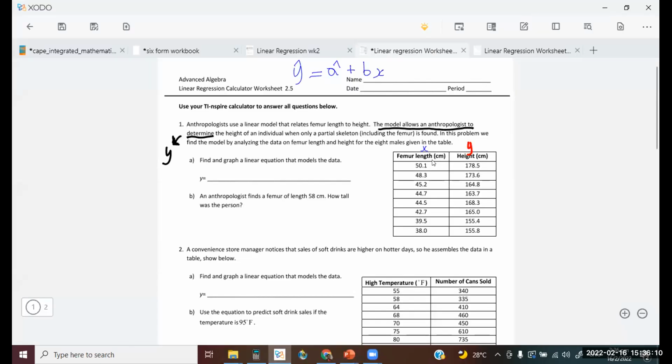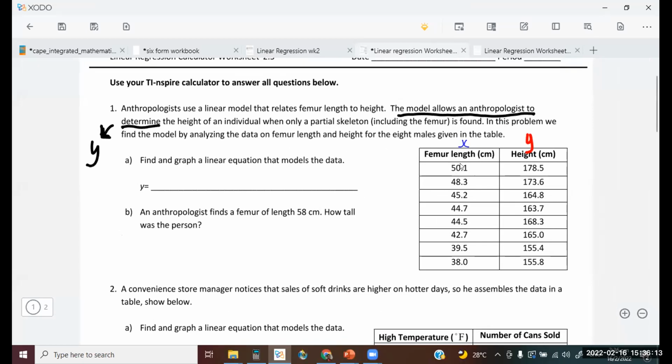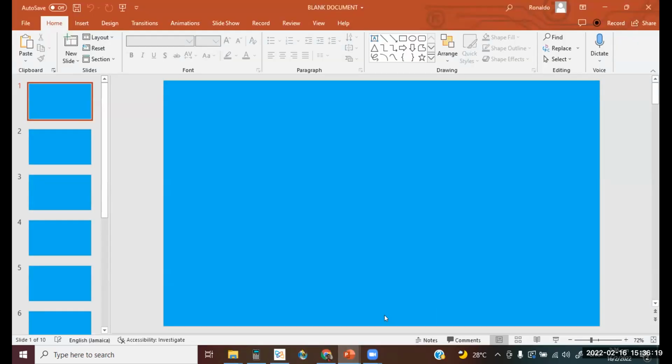Just to write back down the equation, remember the gradient b is equal to r times the standard deviation of y over the standard deviation of x. That's how we're going to find the gradient, that's our b. So now we need to find the standard deviation of y, the standard deviation of x, and the r value.